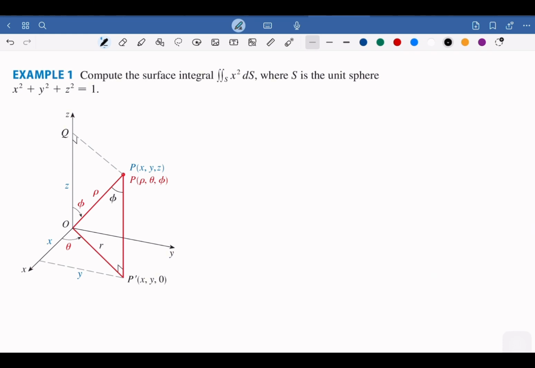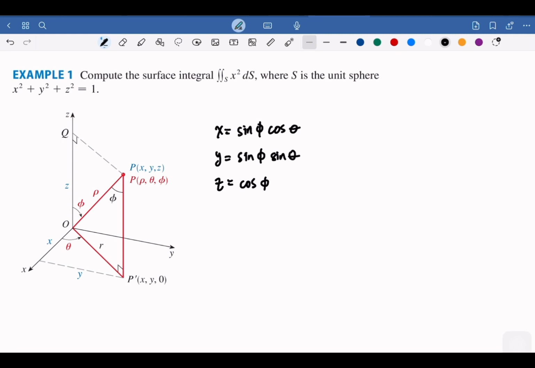Then x will be sine phi cosine theta, y will be sine phi sine theta, and z will be cosine phi.